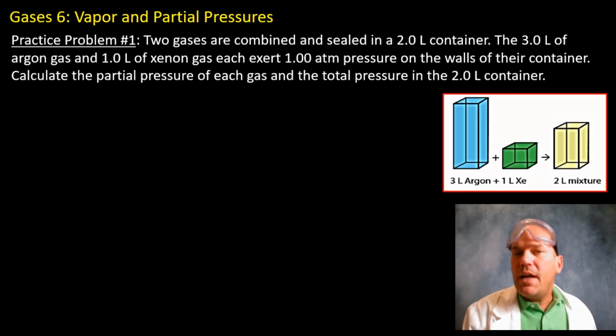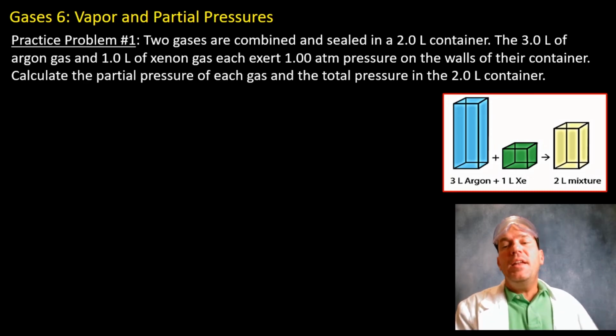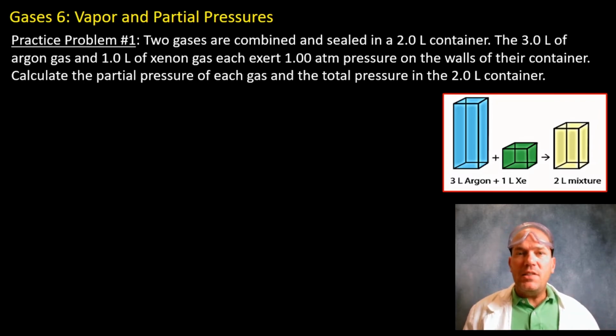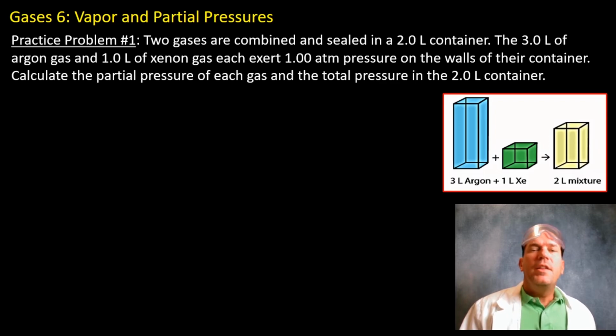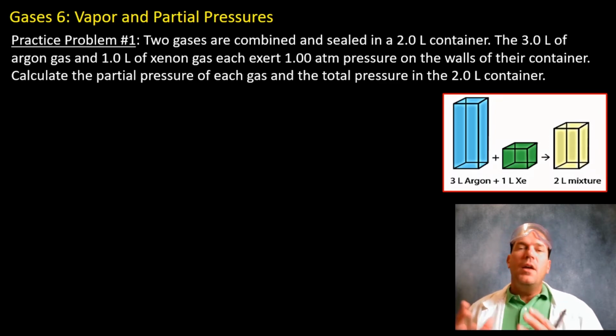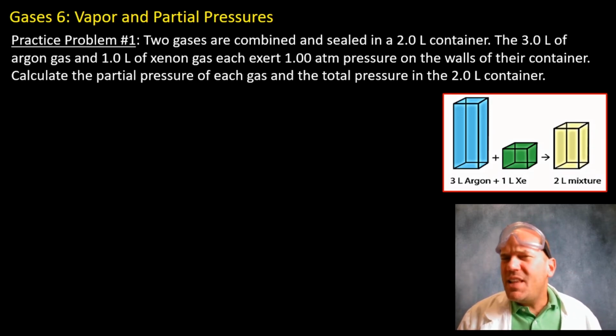So we want to calculate the partial pressure of each gas, but in the new container, the 2-liter mixture. So we have 2 gases in their own respective containers. However, they're going to be combined and sealed into a container that is 2.0 liters. So let's think about how we're going to do this here.